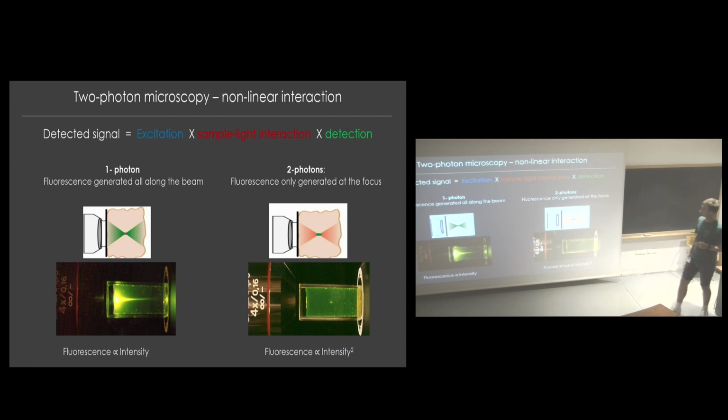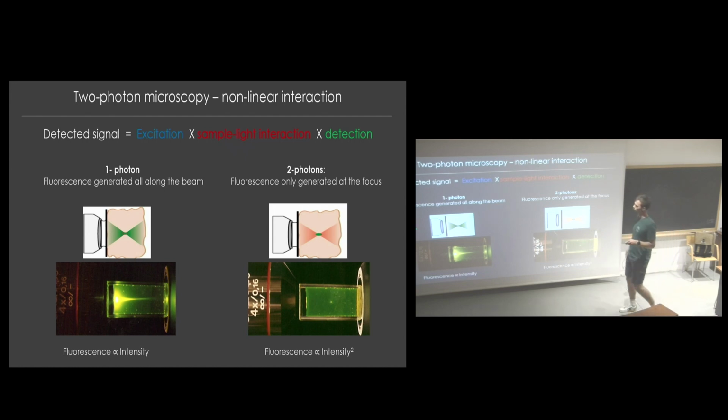So before it was a one photon sample light interaction, so we were limited to 100, 200 microns, but we can really increase the imaging depth by using a 2 photon interaction.